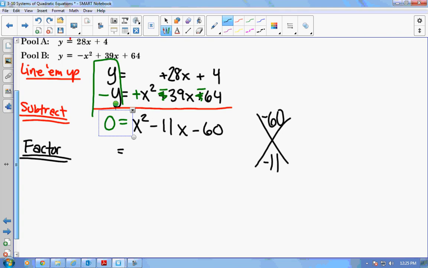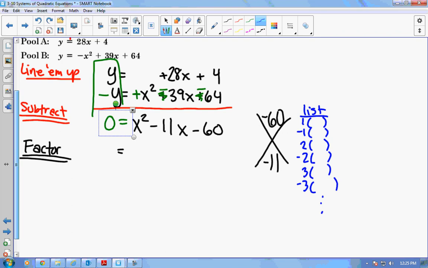Real, make sure you're focusing. What multiplies to negative 60 and adds to negative 11? Okay, I have 2, 3 people, 4 people who think they know. If you don't know, then you start doing some division. You do a list. 60 divided by 1, 60 divided by negative 1, 60 divided by 2, 60 divided by negative 2, you go in order until you find it.